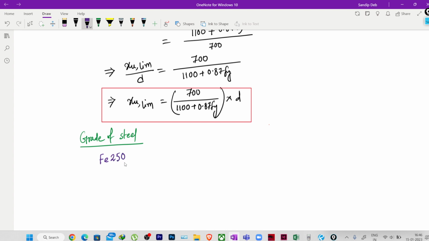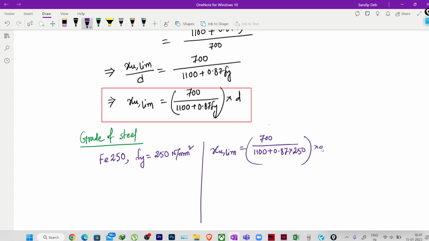Okay, so Fe250, what is the Fy value? It is 250 Newton per mm square, right? So in that case, what will be my Xu limit? Xu limit will be 700 by 1100 plus 0.87 multiplied by 250, multiplied by d.